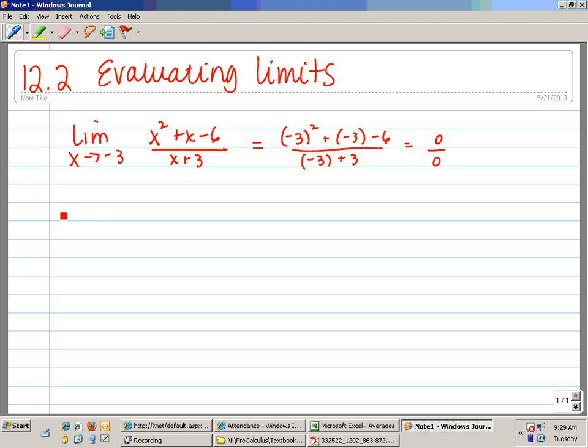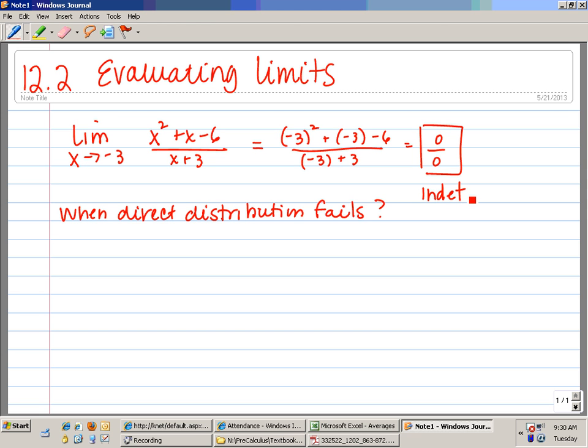So what to do when direct distribution fails? Well, we have a few ways. This 0 over 0 here, we call the indeterminate form.